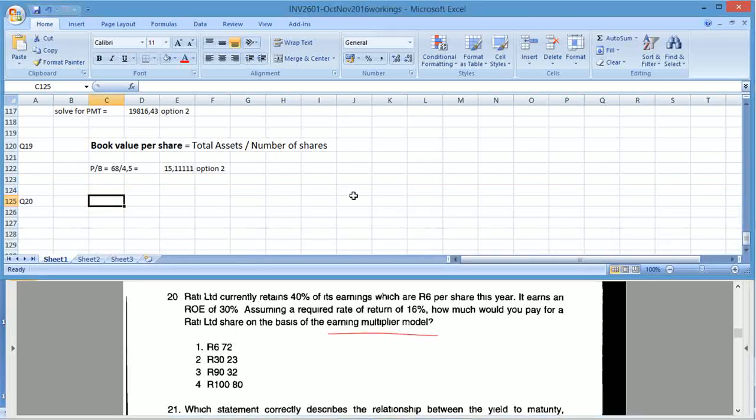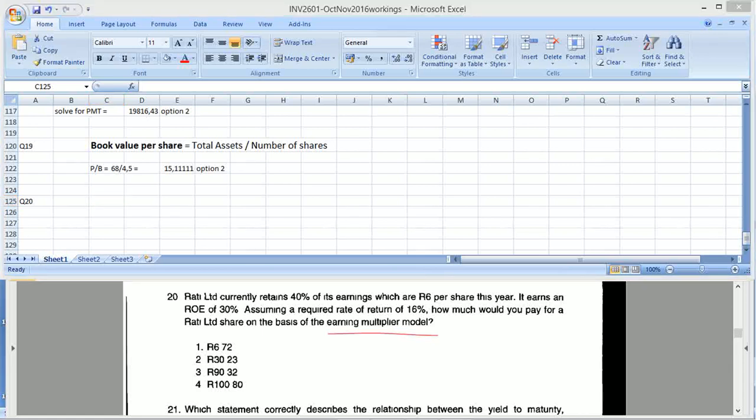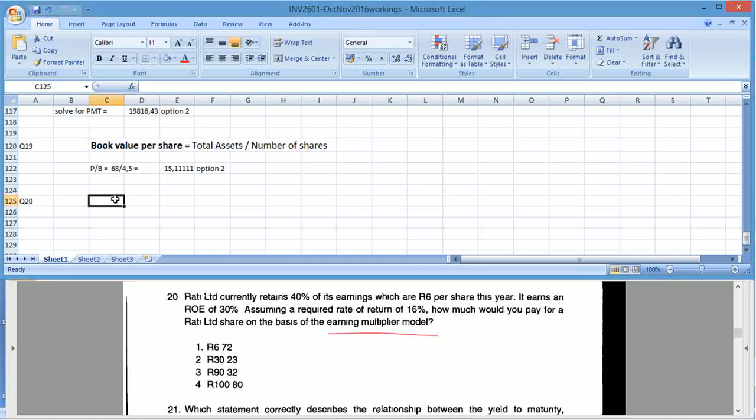Alright, so obviously earnings multiplier model is basically a way to calculate the value. Okay, how much would you pay for the share? Okay, so basically if we look at the price earnings multiplier, P over E times E would give us the price, right?